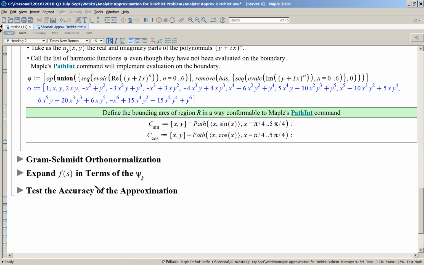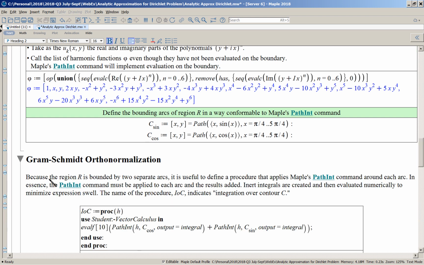Now, the Gram-Schmidt orthonormalization process. Well, it turns out that because you have these two branches, two pieces to the path, two arcs in the path, you can't just simply throw this integration process at the path int command, because on one you're integrating along one arc, then you're integrating along the other arc, and you'd be writing path int across the screen.